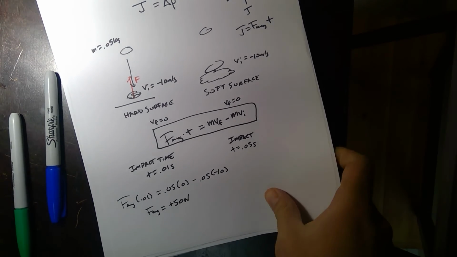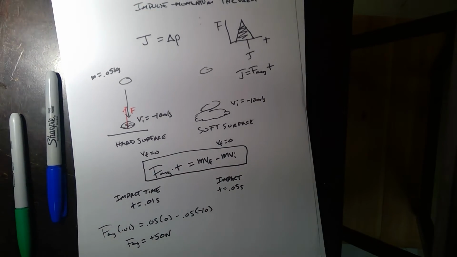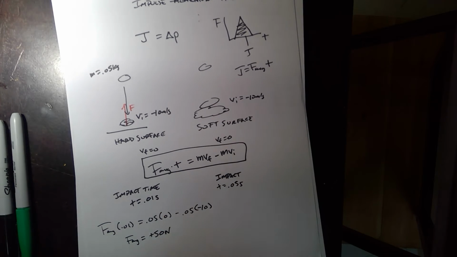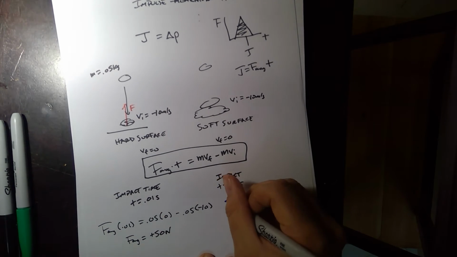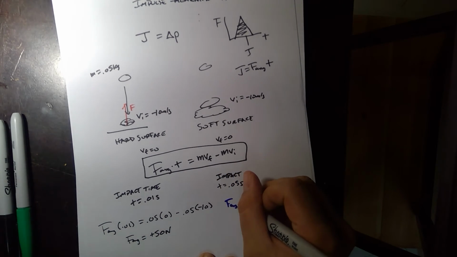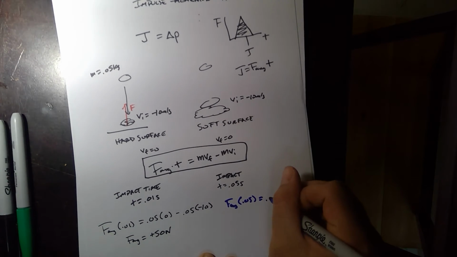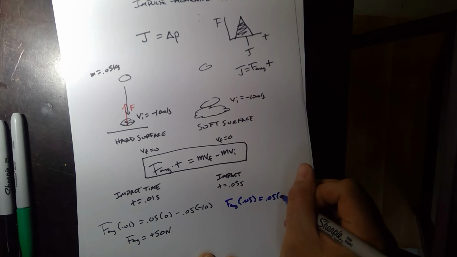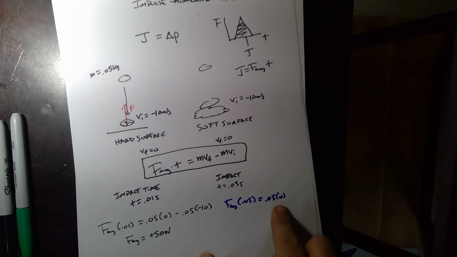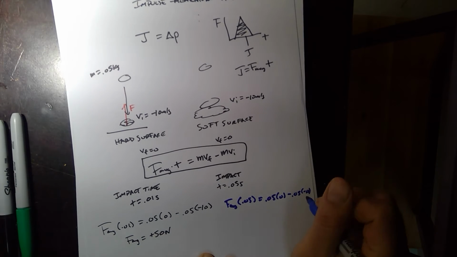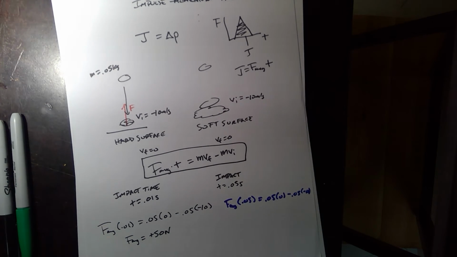We'll do the same thing here. But if you look, we have a different impact time, so that number is going to change. Our average force here is times the impact time of 0.05. The whole right side is still going to be the same thing: 0.05 times 0, there's our final velocity, minus 0.05 times negative 10, there's our initial velocity.